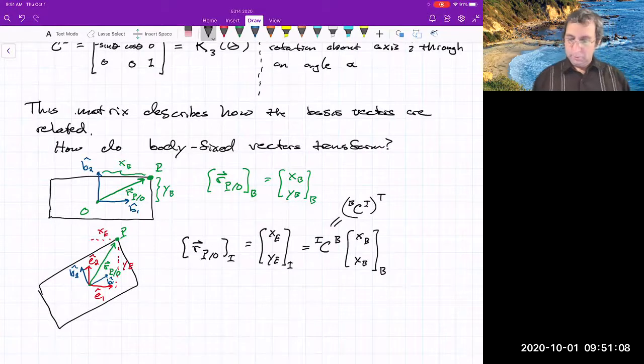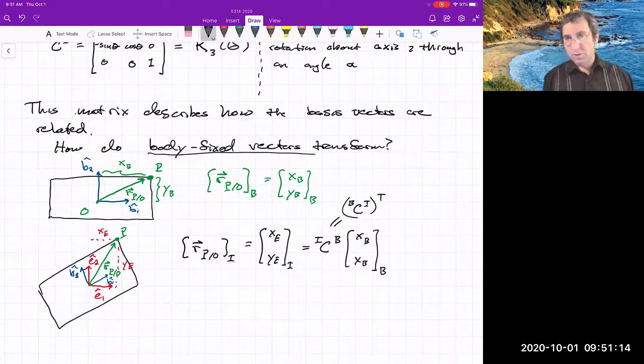So you have to be careful if you're looking at how do the basis vectors transform and how do the body fixed vectors transform, because there's this difference of a transpose that you need to be aware of, okay?